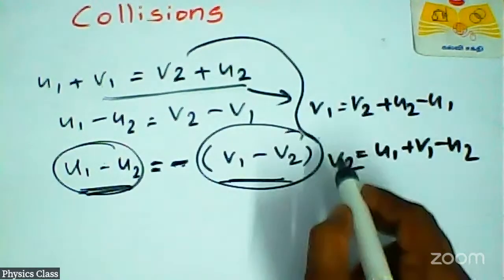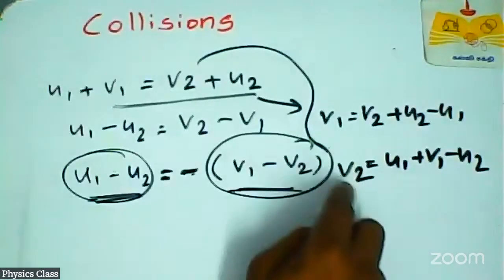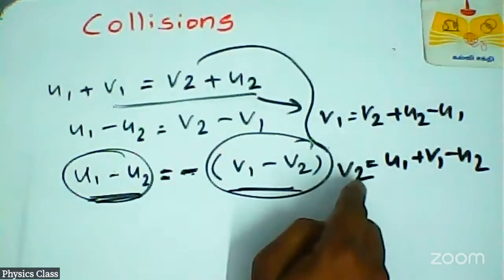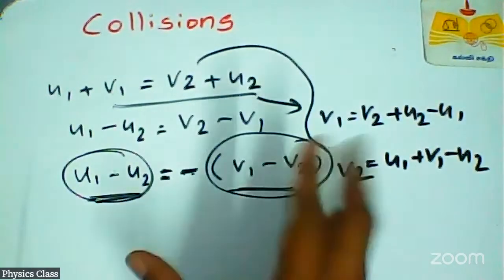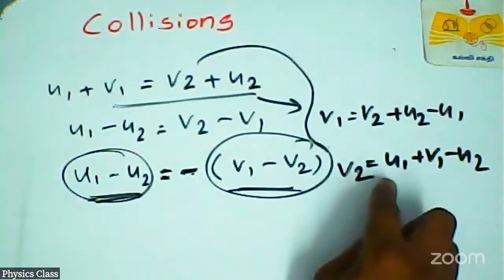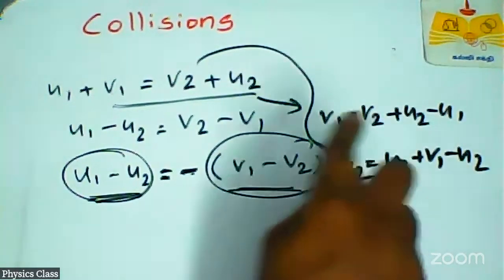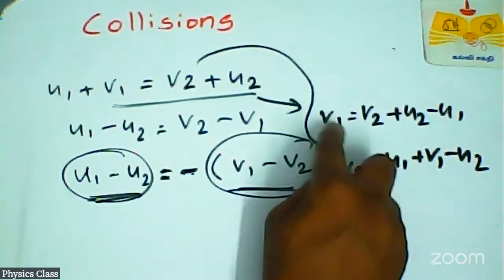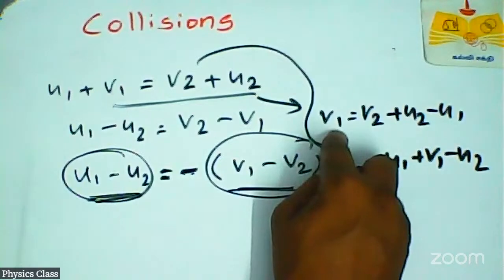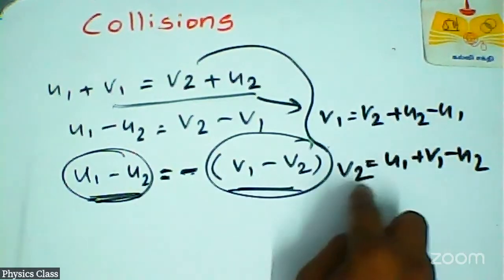This is the equation for the unknown quantities v1 and v2. V1 is the final velocity of the first object and v2 is the final velocity of the second object, in terms of the other three quantities. But in this equation you have to know v2 to calculate v1, and you have to know v1 to calculate v2.